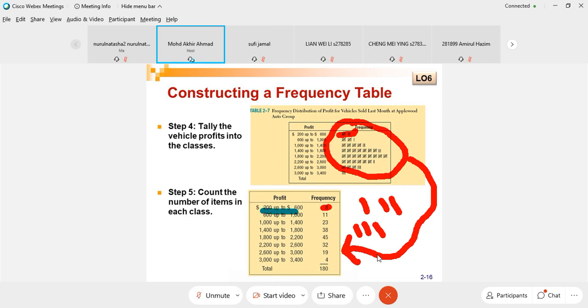Okay. This one is standard one. Semasa saya belajar dekat Japan dulu, kita akan guna macam ni. Saya pakai macam ni. 1, 2, 3, 4, 5. So saya pakai macam ni.